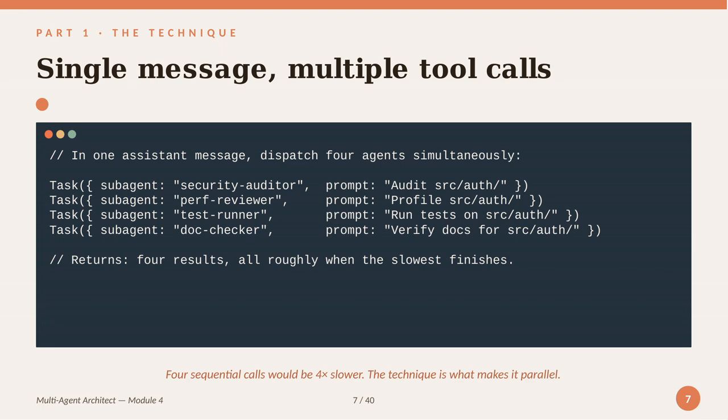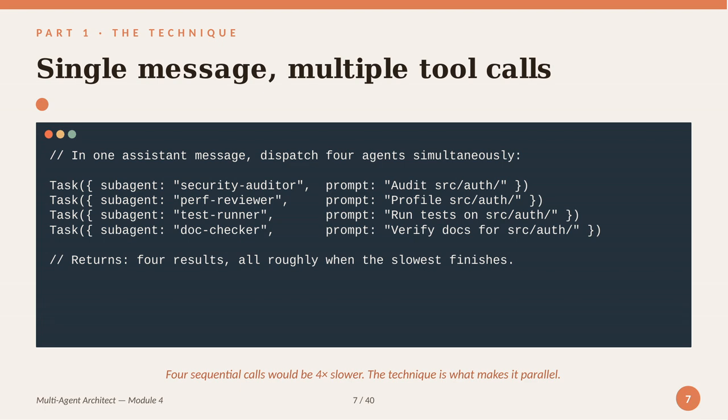If the orchestrator emits 4 messages, each with 1 task call, those run sequentially. The runtime waits for each message's tool calls to complete before processing the next. That's sequential. Same task calls, same agents, same prompts.